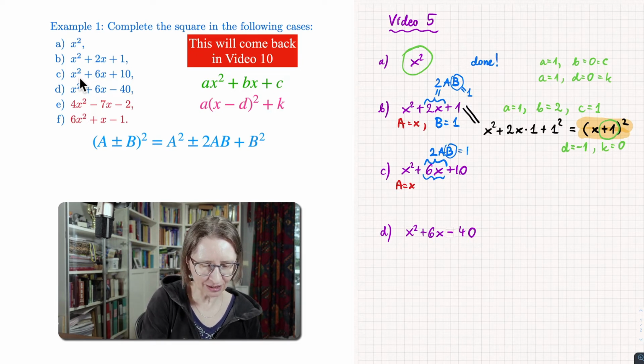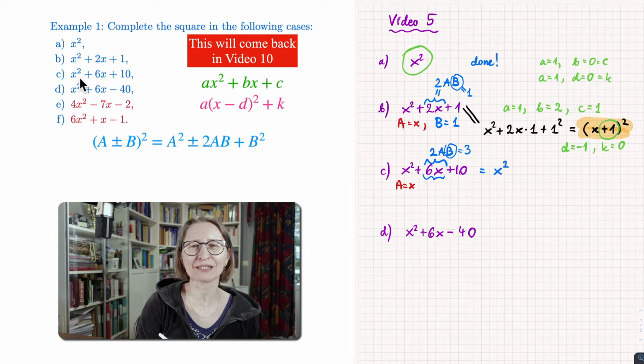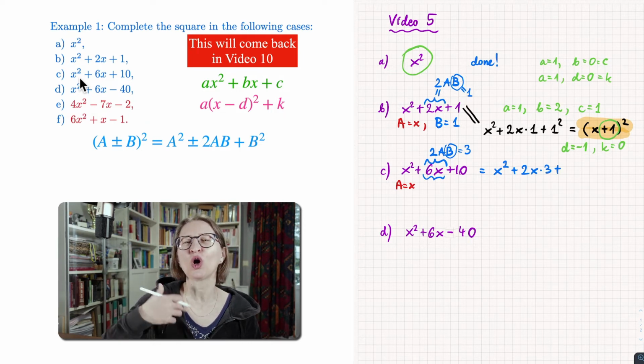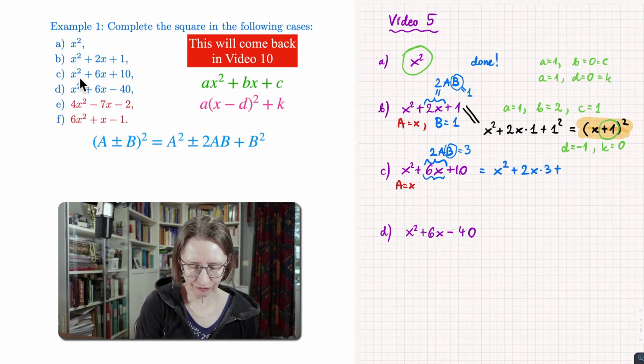This B must be equal to 3, right? So I can write it slowly first in this way, that it will be equal to x squared plus twice x times 3, and now to complete this square, to get a perfect square, I have to add B squared, which is 3 squared, so I have to add 9.